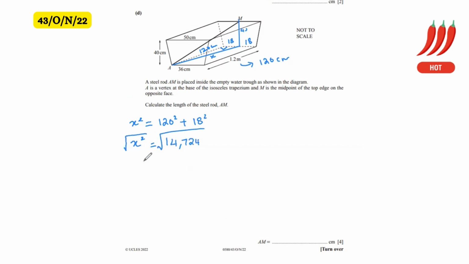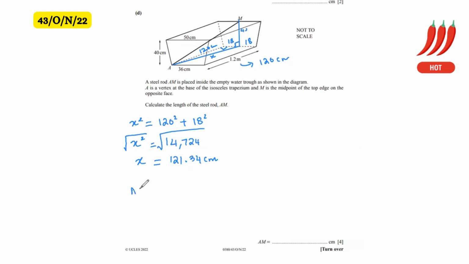We square root both sides. So x gives us 121.34 centimeters.